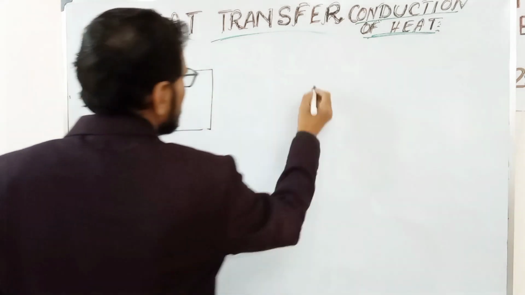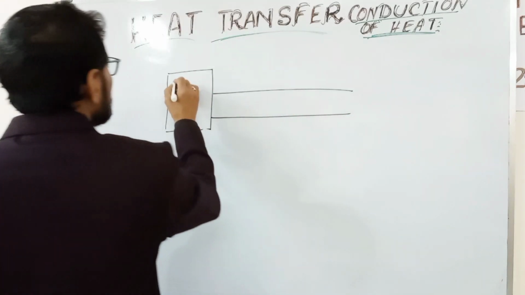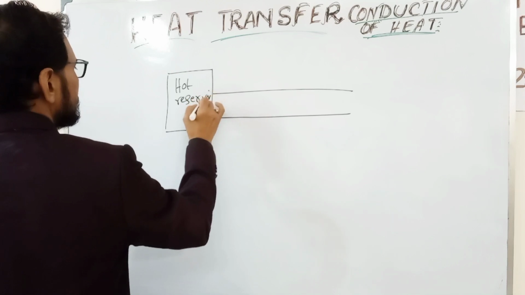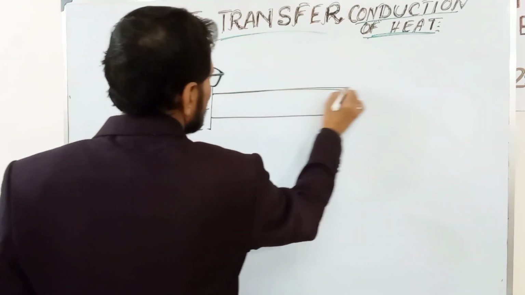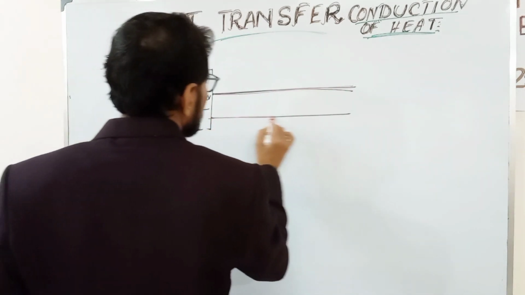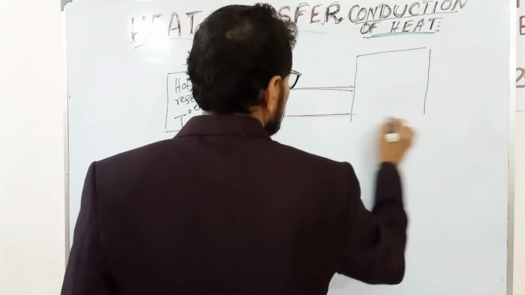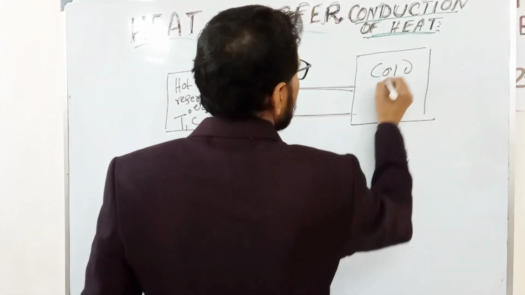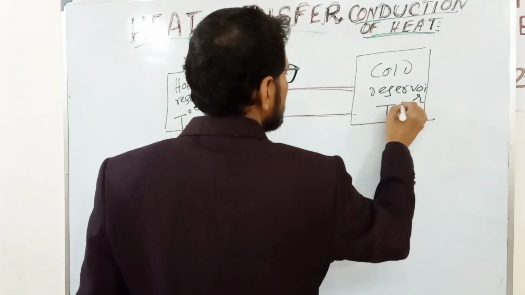a hot reservoir and a rod is connected between. This is the hot reservoir, temperature T1 degree centigrade. This is a rod, and here is a cold reservoir, temperature T2 degree centigrade.